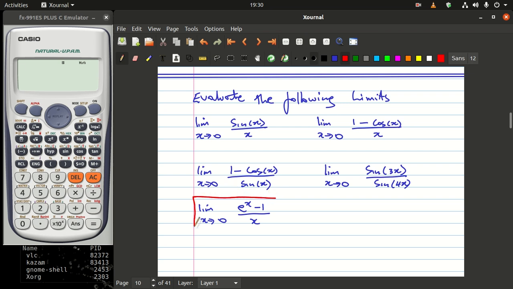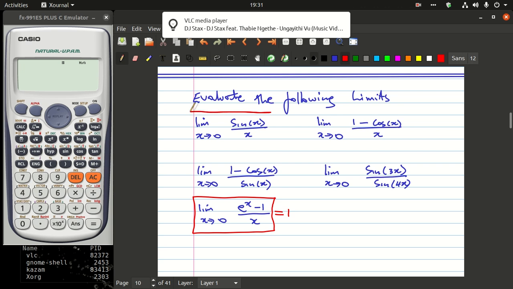This limit, you need to make sure that you always understand it and you can always remember what the value of this limit is. The answer is supposed to be just 1 for this. And you also need to know the value of this limit here, that it is equal to 1.